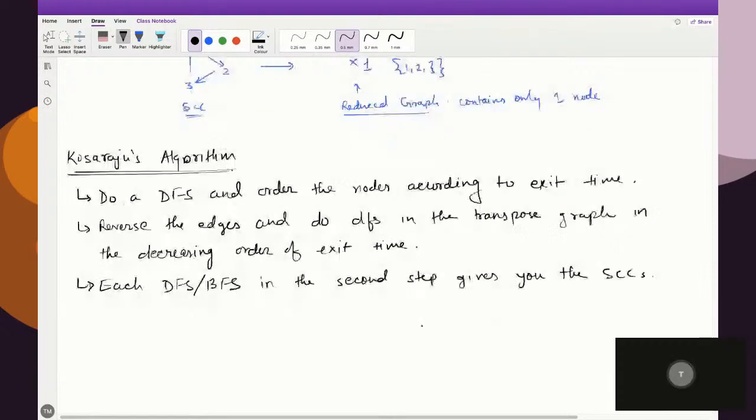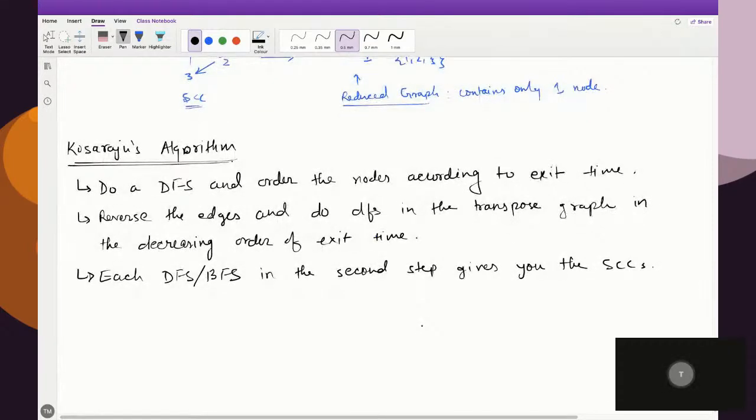Okay. So this is the Kosaraju algorithm. Very simple. You do a DFS and order the nodes according to the exit time, and then reverse the edges and do the DFS in the transpose graph in the decreasing order of exit time. And each DFS or BFS that you do in the second step gives you the strongly connected components.